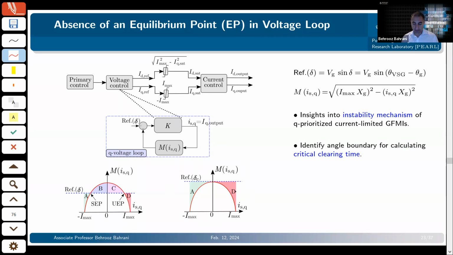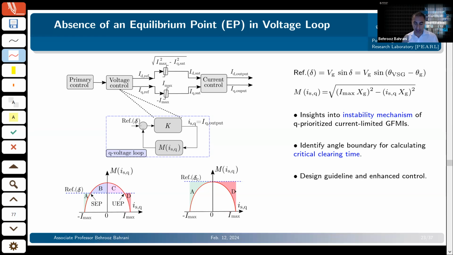Using that, you can identify boundaries for your system, compare the boundary that you get for the P delta curve and the boundary for this voltage controller, and see when your system will become unstable. Whichever is reached earlier determines the boundary of your system in terms of stability.